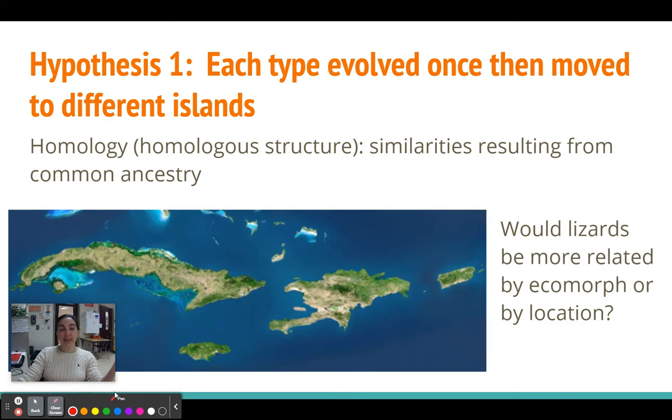The story that they tell here, if this was a case of homology, we would expect an original species of lizard to have landed on the first island, and then from there, on this first island, each of those body types evolved. So we had our trunk ground and grass anoles and the canopy ones and whatever, but from here it branched into the 4 different types.